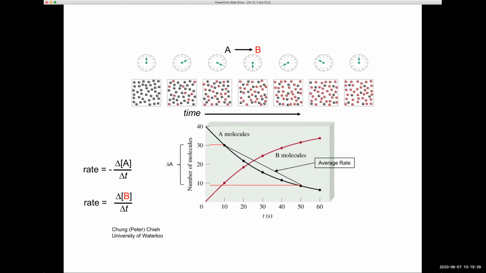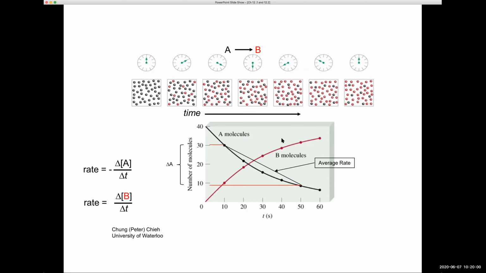And that's what happens to reactions: the rate slows down as the reaction proceeds. That gives us a clue that one of the major factors is the concentration. The reason why it slows down is because there are just fewer molecules to react as the reaction progresses. The number of reactant molecules disappears.